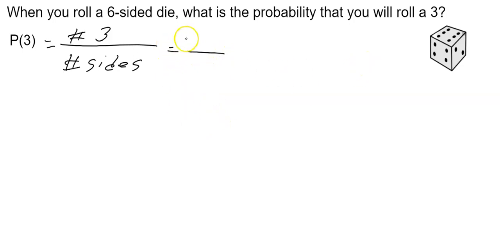On a 6-sided dice, there is one way to get a 3. And there are 6 sides on that dice, so it is 1/6. Boom. And you could turn that into a decimal or a percent if so asked.